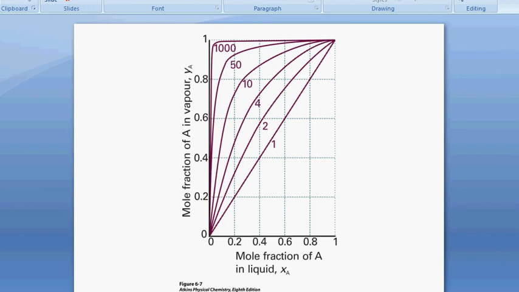Pressure of pure A by pressure of pure B, just to tell you which one is more volatile. PA star by PB star. If I have a less volatile substance, it will have a lower vapor pressure. That's all.